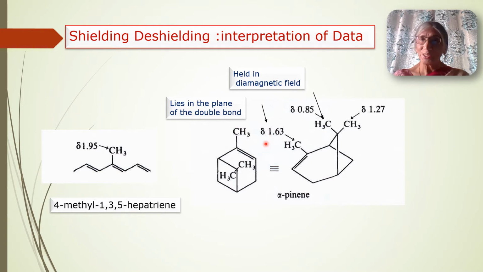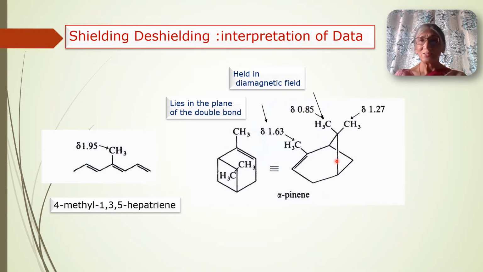Therefore, it shows absorption at 1.63, which is very close to the delta value in the compound 4-methyl-1,3,5-heptatriene. But of the two gem-dimethyl groups here, one methyl group shows a signal at delta 0.85 and the other methyl group shows a signal at delta 1.27. Why is there a difference in the absorption position? One is de-shielded with respect to the other methyl protons.